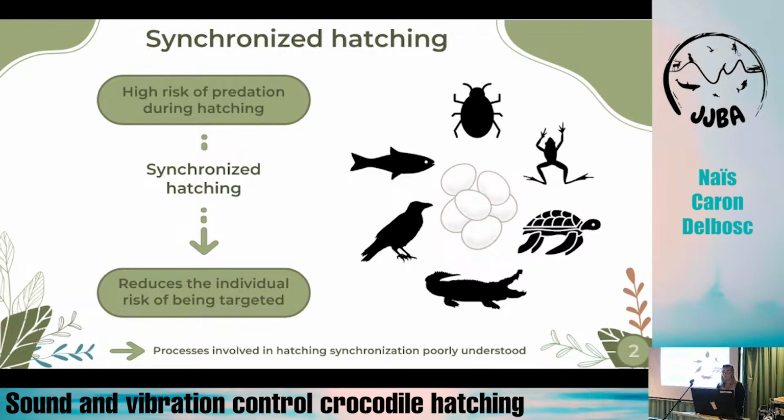And one strategy for limiting this predation is based on mechanisms that synchronize the hatching, which reduces the individual risk of being targeted, and which allows hatchlings to emerge under parental protection. And so, despite the biological significance of this process, all the mechanisms involved in hatching synchronization are poorly understood.